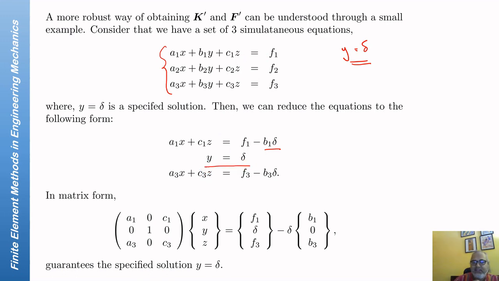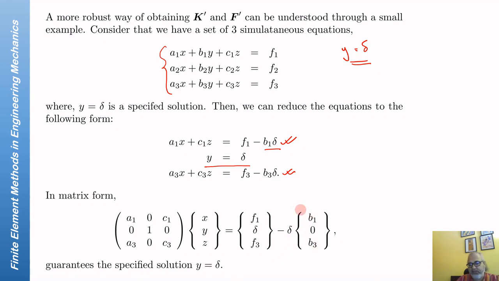So if I write this now as a matrix set of equations, and I don't want to reduce the size of the system, then I write it as a1 0 c1, 0 1 0, a3 0 c3, times x y z, equal to this whole thing. And this quantity here is written as delta times b1 0 b3.